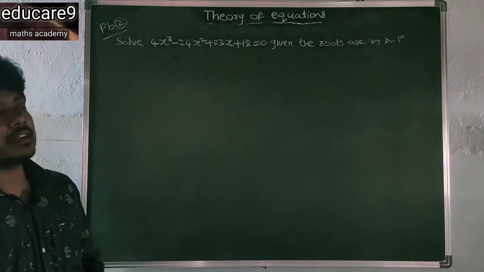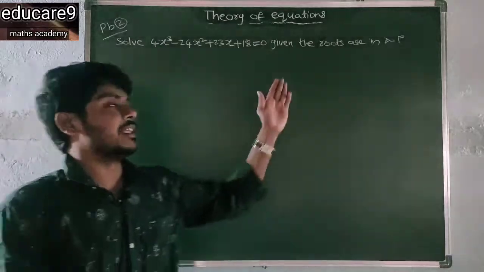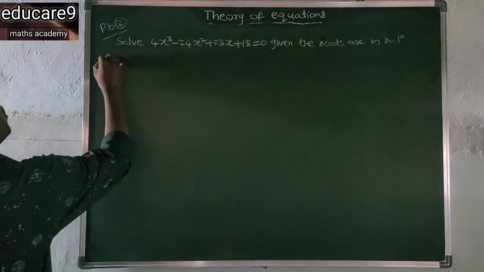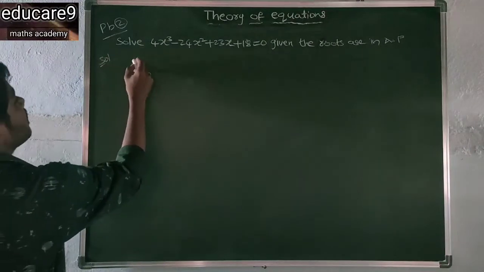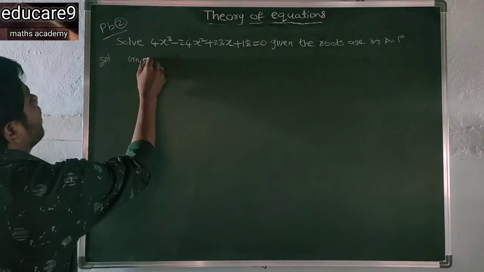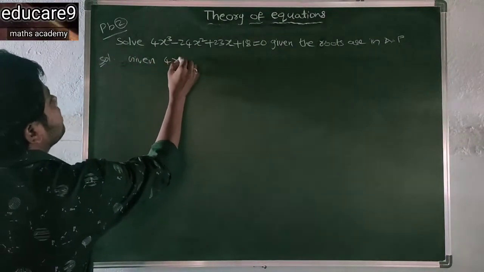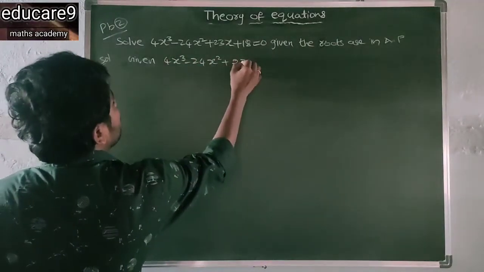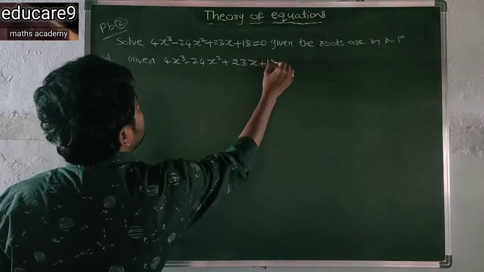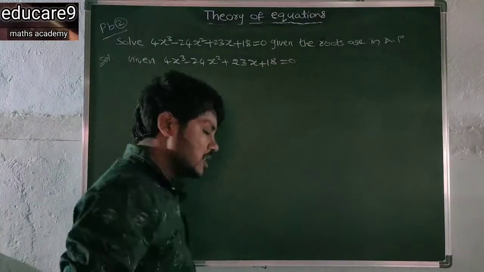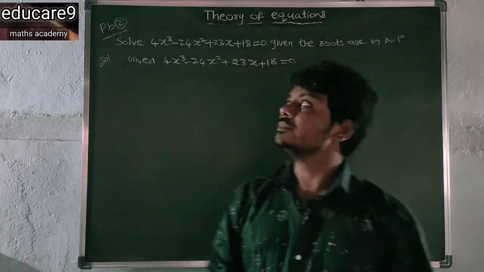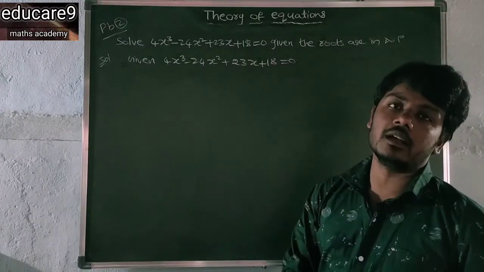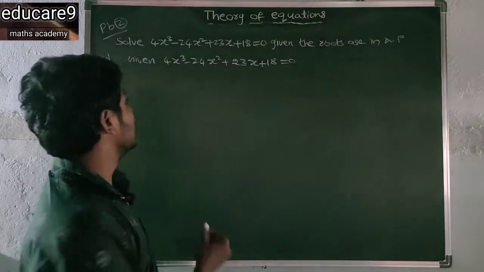Solve the cubic polynomial given that the roots are in AP. So see the solution. Given 4x cube minus 24x square plus 23x plus 18 is equal to 0. So this is the cubic polynomial, and also given the roots of the cubic polynomial are in AP.